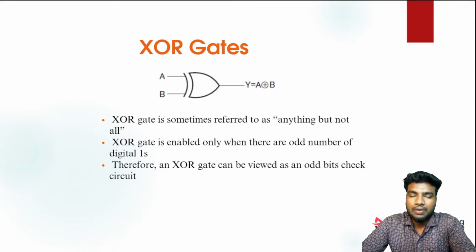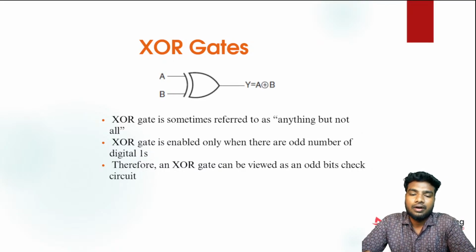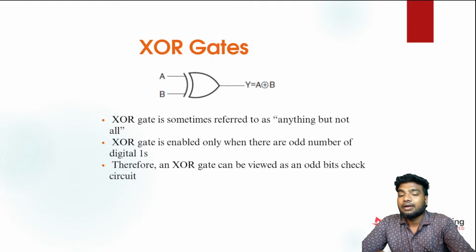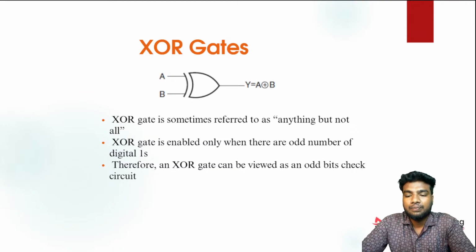So if you are using a multi-bit XOR and you have an odd number of inputs at one, then only it will enable. Therefore, the XOR gate can be viewed as an odd bit check circuit. So if someone asks you to draw a circuit for an odd bit check, you must try an XOR gate.